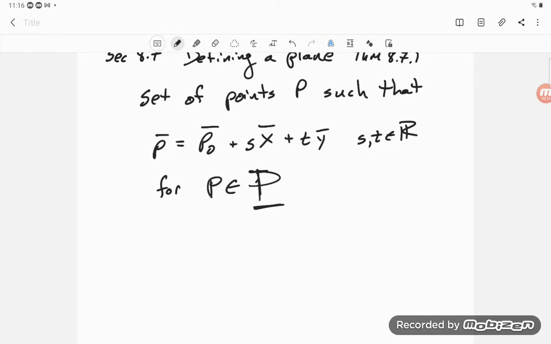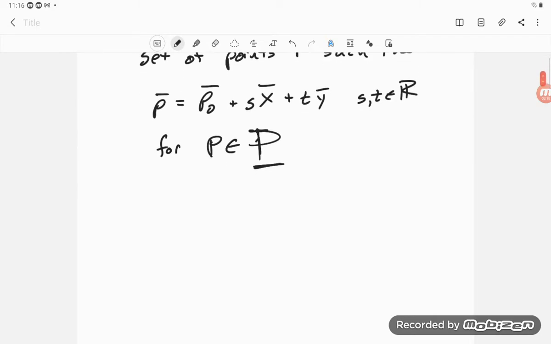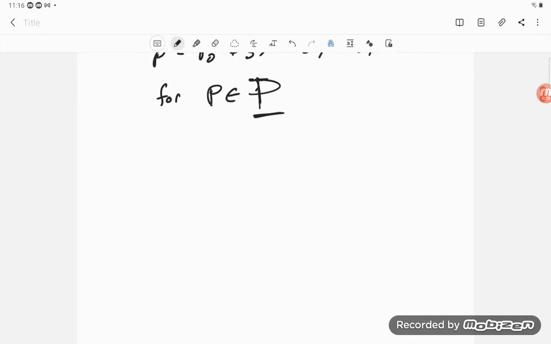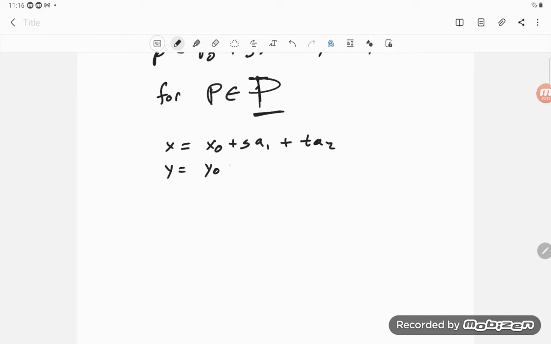Okay, so as parameterized things, we would have X equals some X0 plus S A1 plus T A2, and Y is some Y0 plus S B1 plus T B2, and Z is Z0 plus S C1 plus T C2.